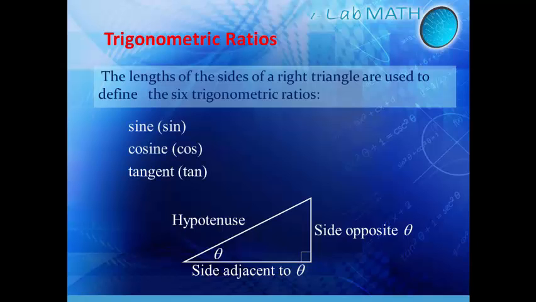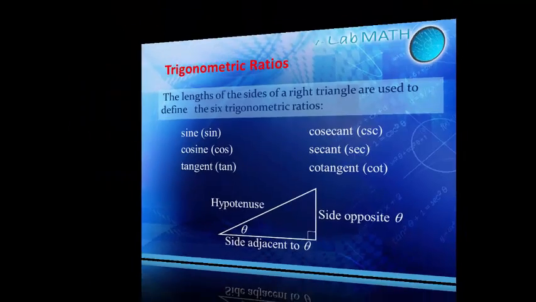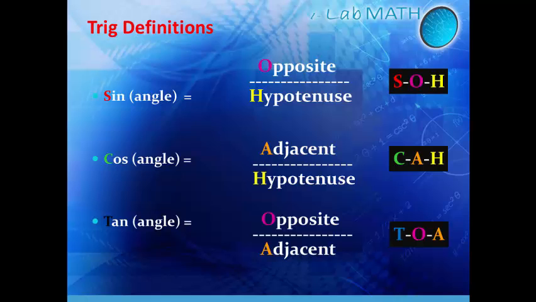The 6 trigonometric ratios are sine, cosine, tangent, cotangent, secant, and cosecant. Let us define these 6 trigonometric ratios. Sine equals opposite over hypotenuse.